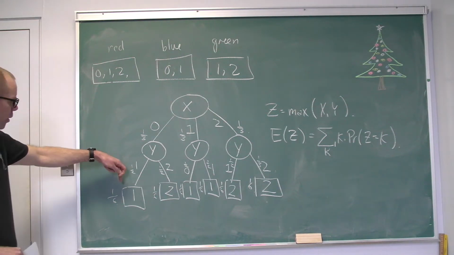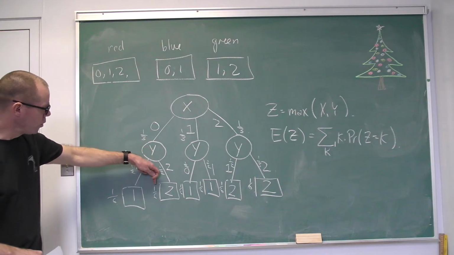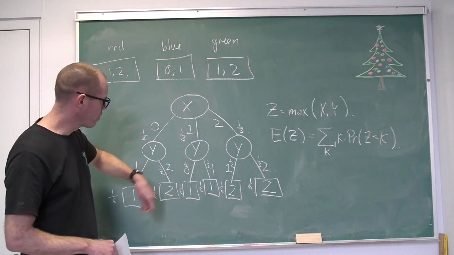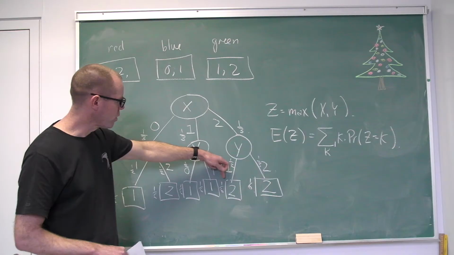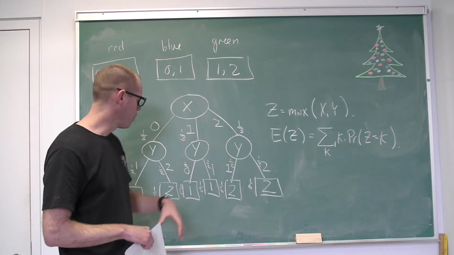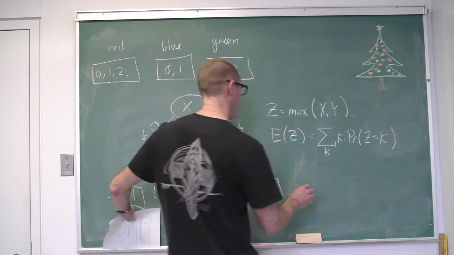The expected value of z will be 1 times 1/6 plus 2 times 1/6 plus 1 times 1/6 plus 1 times 1/6 plus 2 times 1/6 plus 2 times 1/6. Let's write that out carefully.